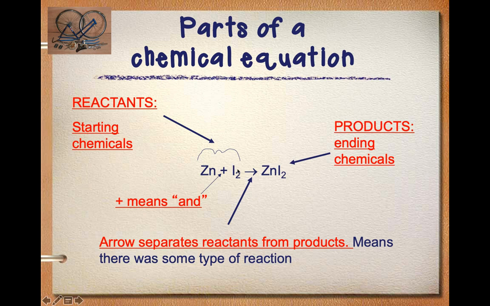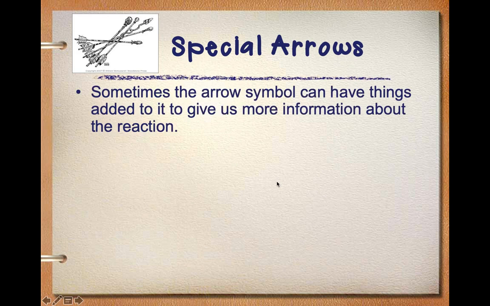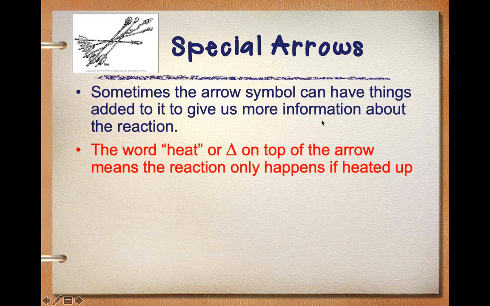So in shorthand notation, you're showing the chemistry that happened. The atoms combine to make a new substance, a new identity. It turns out, though, that sometimes we're going to have special arrows to tell you a little bit more information about the reaction. You could put the word heat or a triangle on top of an arrow if the reaction will only happen when you add heat.